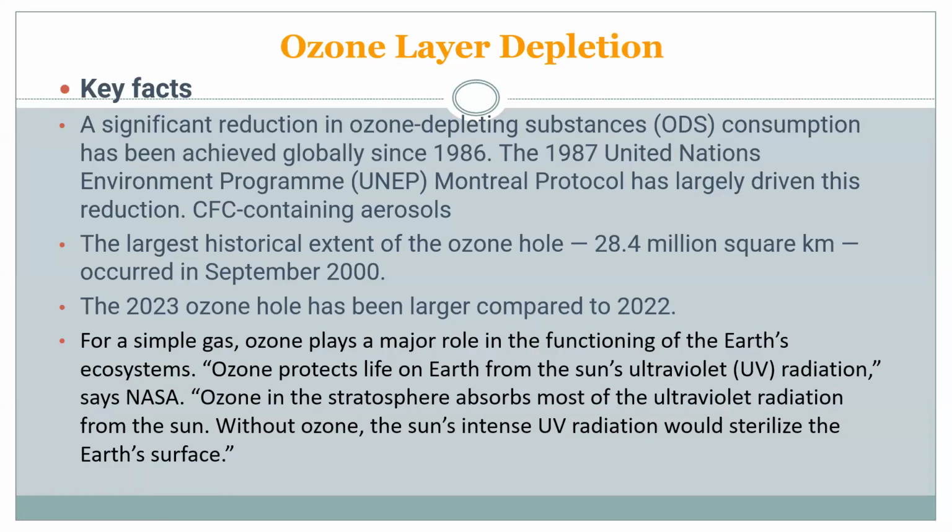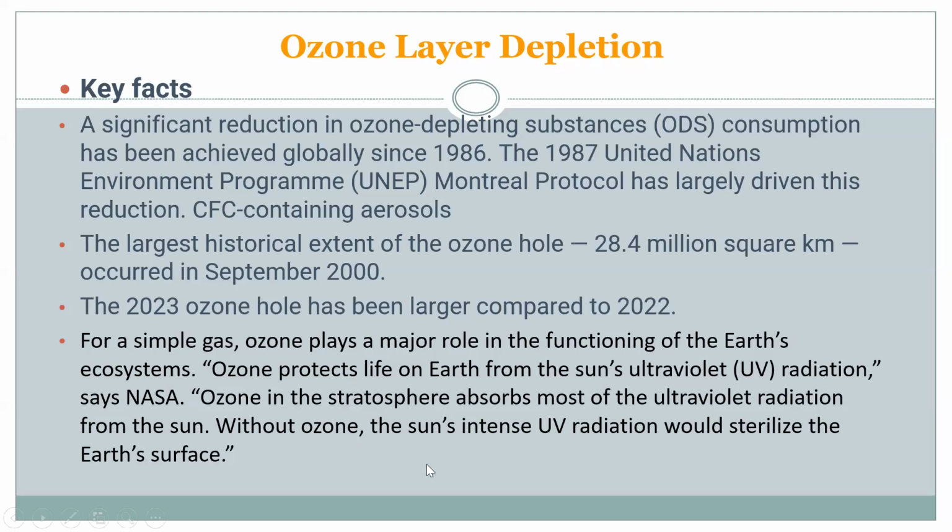Ozone layer depletion: I think the global community has made certain decisions and gradually restored part of the ozone layer. Otherwise, if the ozone layer is depleted, we get direct sunlight, UV radiation.